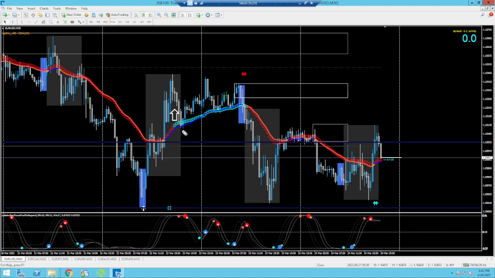So, okay, the basic strategy using this stuff is a couple of things. The best time I've found, and what I'm looking for, is right after the first hour of the Frankfurt session open. This blue box right here represents the first hour of the Frankfurt session.